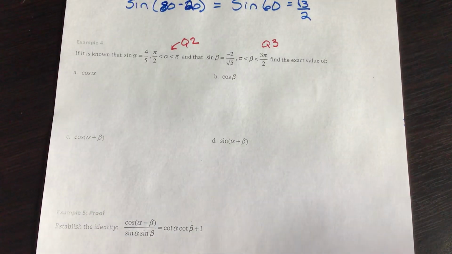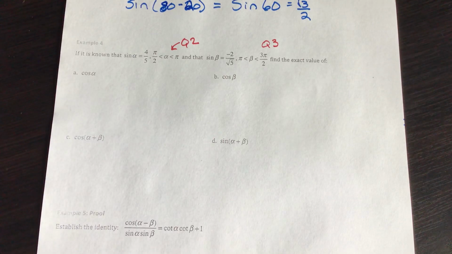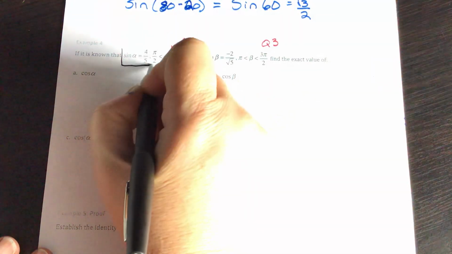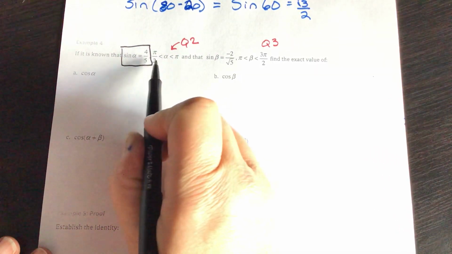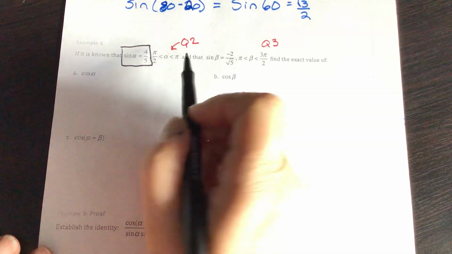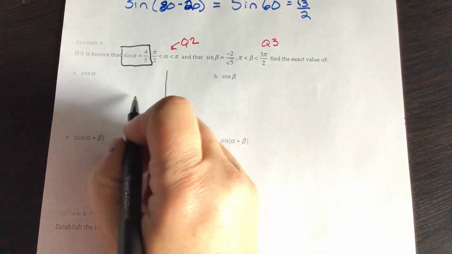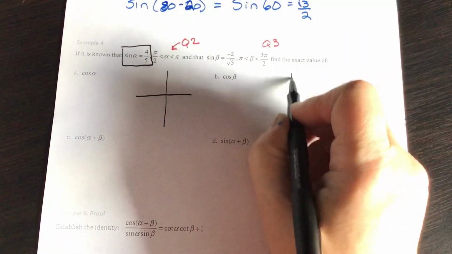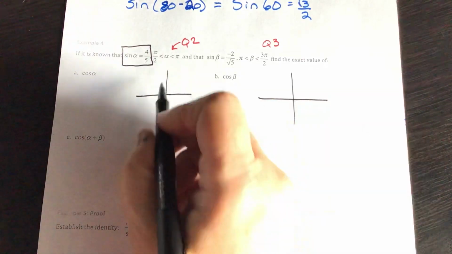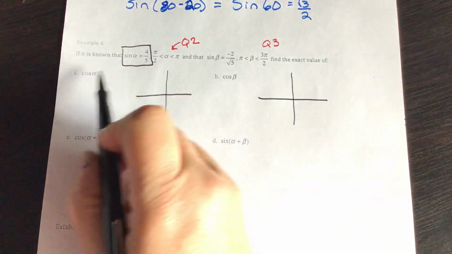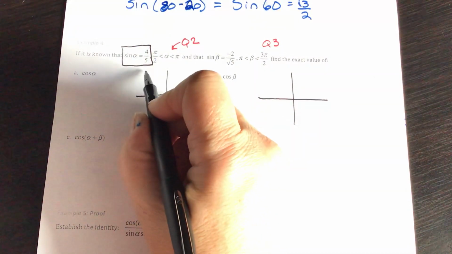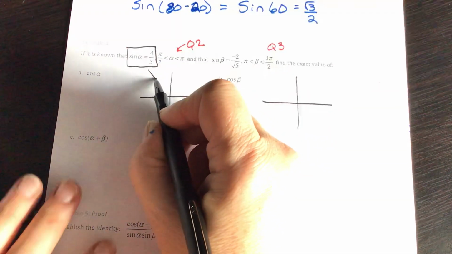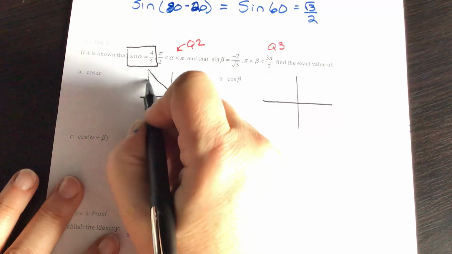Now, what we want to do is let's draw out those triangles. So this is just defining what quadrant it is. This is our domain. All right, so if I were to make my 2 unit circles here, the first one is in quadrant 2, so I'm going to draw it this way.